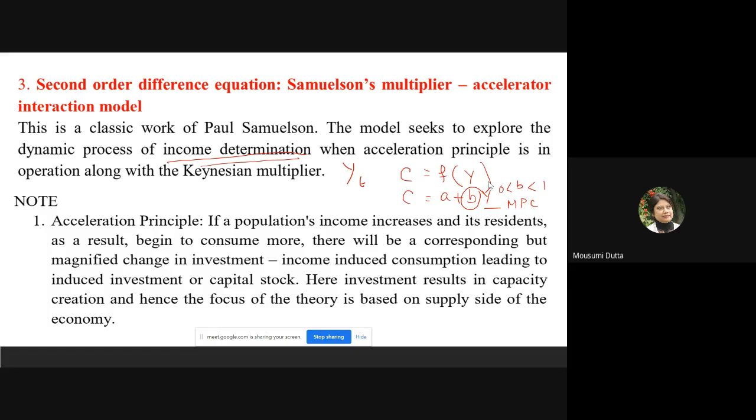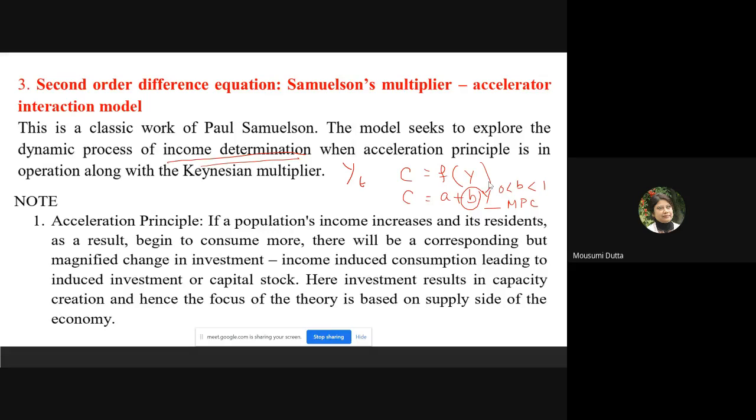Whatever people are earning, their income is so small that almost the entire income will be consumed, if not the full amount. If the entire income is consumed, then consider dC by dy, change in consumption due to change in income.